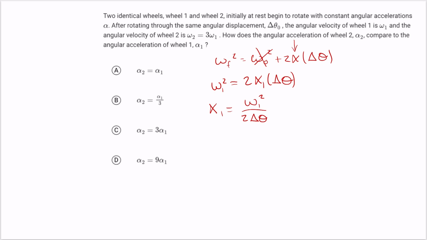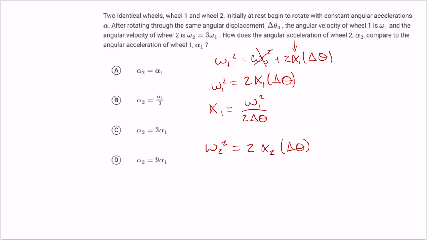Now let's set up the same equation and solve for angular acceleration 2. Omega 2 squared equals omega initial squared plus 2 times angular acceleration 2 times delta theta. The initial angular velocity for both was 0, so that term doesn't come into play.